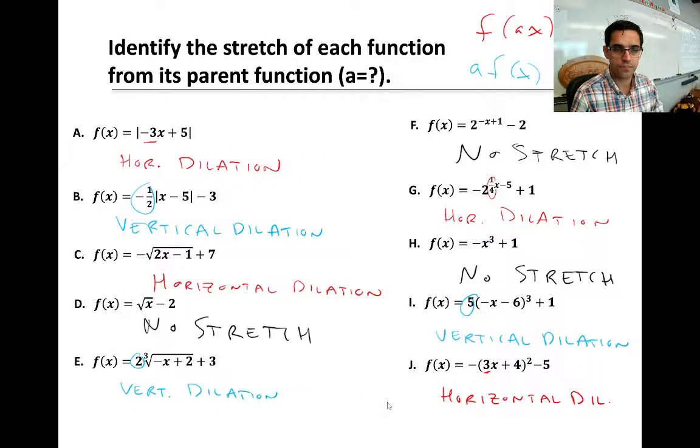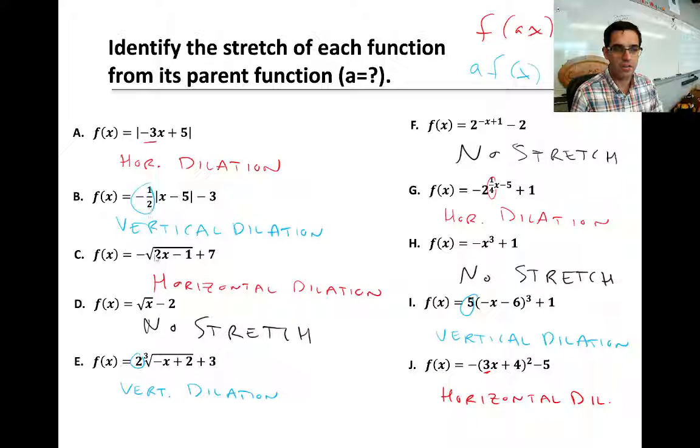All right. Now, to talk about stretches, differentiating between horizontal and vertical stretches. Again, we're looking for an a value or some number multiplying this thing, either on the input inside the brackets next to the x, or on the output outside of the brackets that contain the x. And so you can kind of look and see here in example A, 3 is our dilation or our a value.